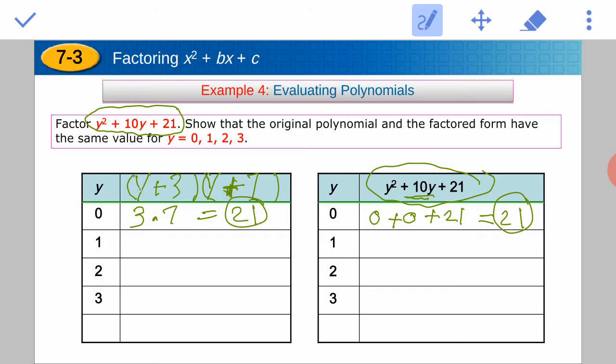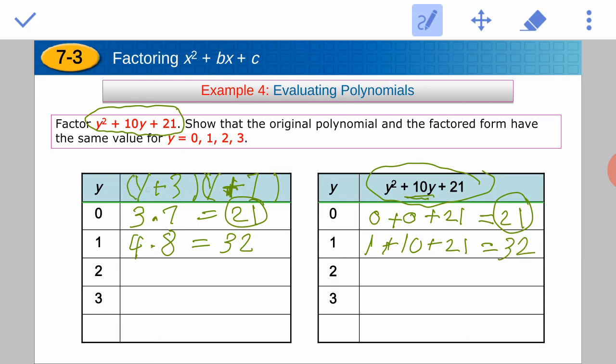Let's plug 1 in the factored form. 1 plus 3 is 4, times 1 plus 7 is 8. 4 times 8 is 32. I expect 32 in the original. If you plug 1, 1 squared is 1, 10 times 1 is 10, plus 21 gives 32 also. Same.